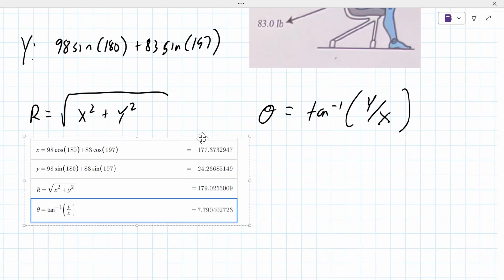Yes, the answer is yes, and then the angle is 7.8. 7.8, yeah. Okay.